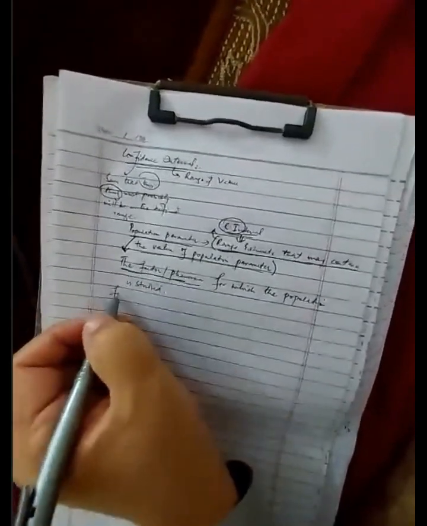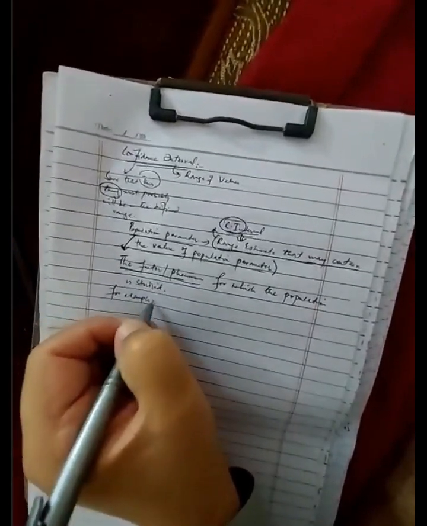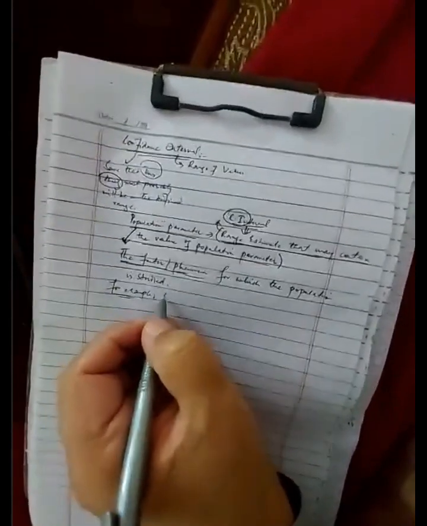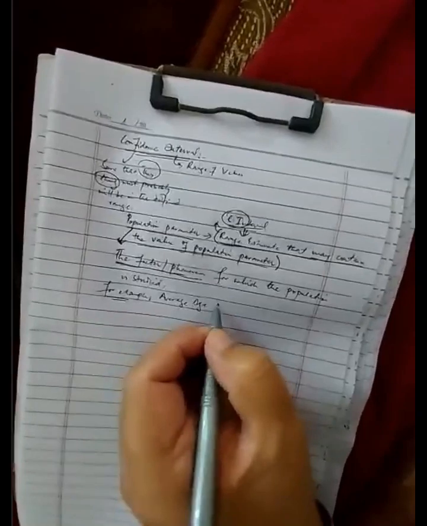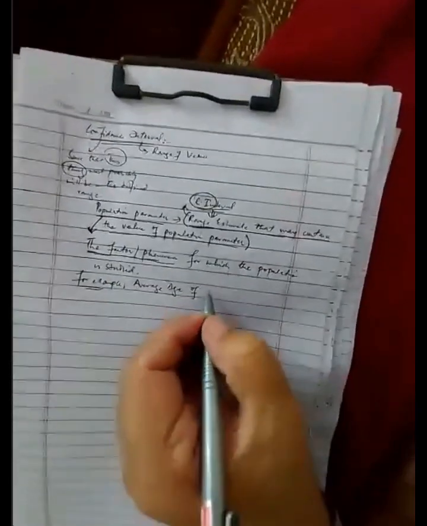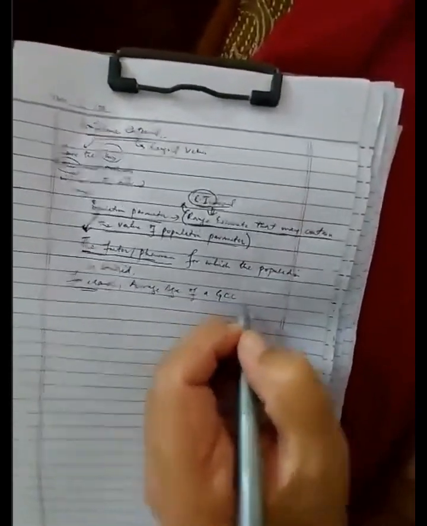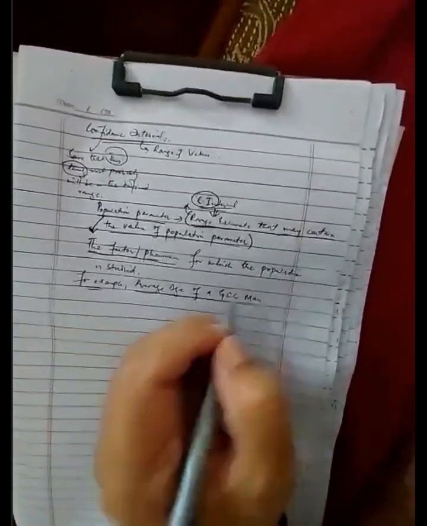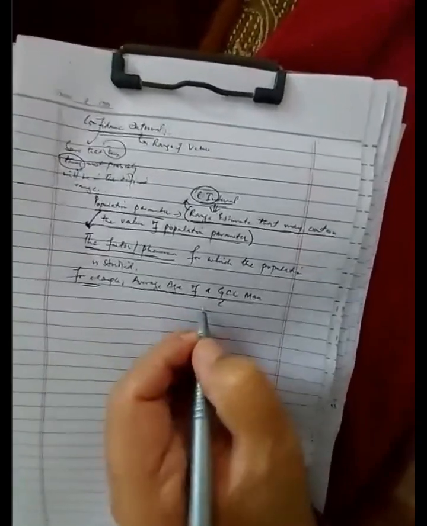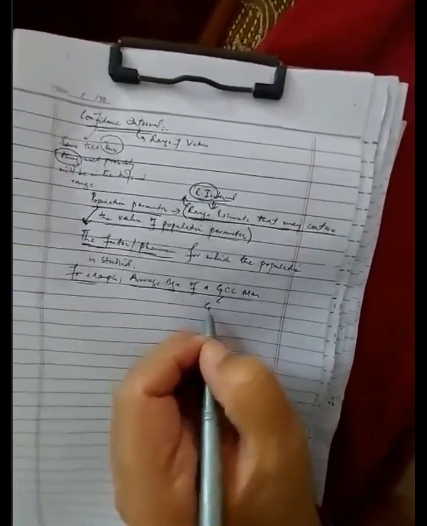For example, we want to investigate the average age of GCC men. You know that GCC refers to the Gulf countries.